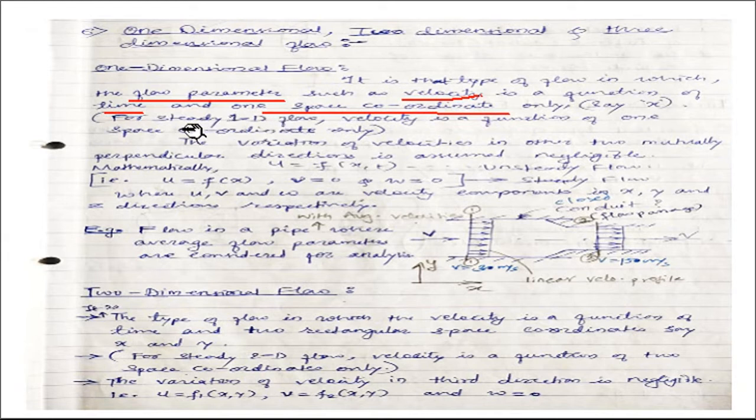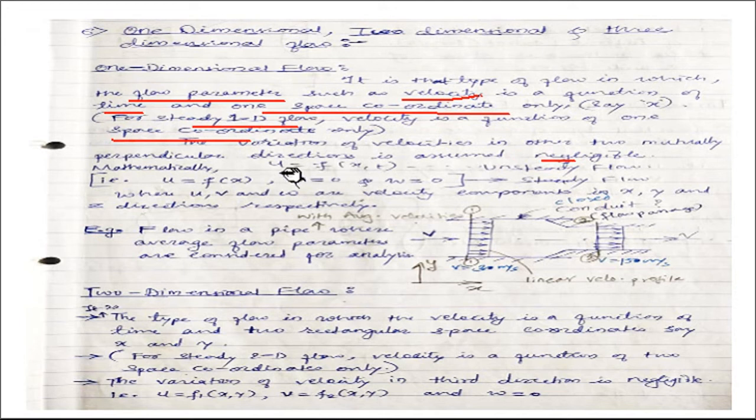If it is a steady 1D flow, then velocity is not fluctuating with respect to time, that is steady, but it is varying with respect to one space coordinate, like the x coordinate. The variation of the flow parameter, like velocity, along the other two mutually perpendicular directions is negligible, not present, like the v component and w component are not present.